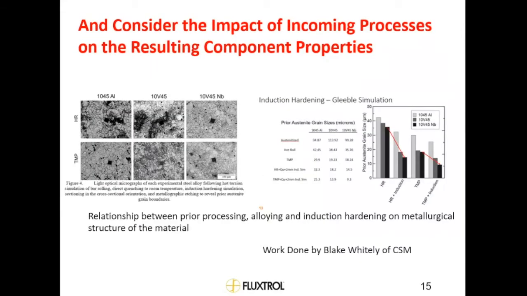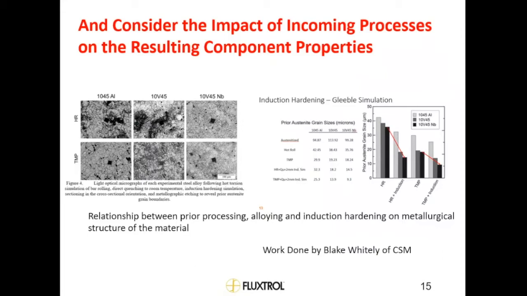So if you look here, another slide is the impact of the incoming processes on the resulting component properties. This is some results done on the Gleeble by Dr. Whiteley while he was at Colorado School of Mines.